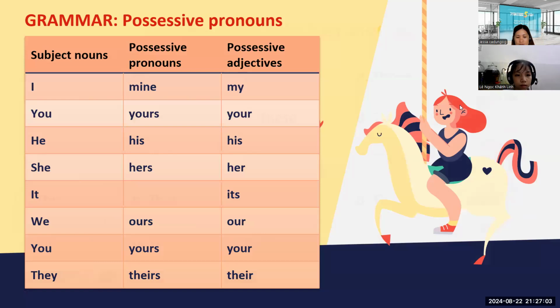Mine, yours, his, hers, ours, yours, theirs. Okay. Now these are what we call possessive pronouns. So it depends on how you're gonna use these words.